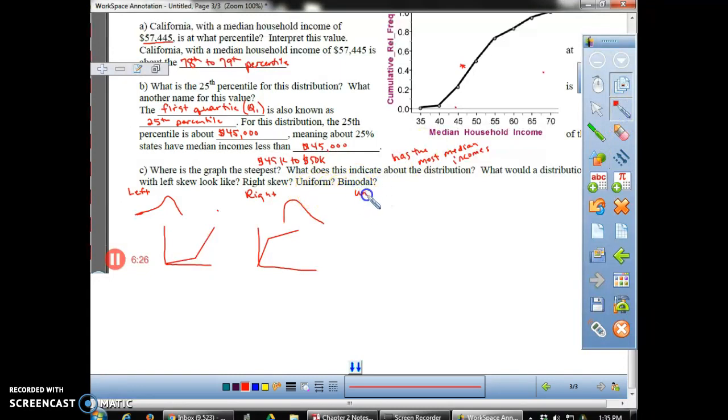Now, what about for uniform? So let's review what uniform looks like. Okay, so uniform might look something like this. And the thing is, the very first bar, I'll have to go pretty quickly to get to that value. So the very first bar would start at 0 and then it would go up pretty quickly.